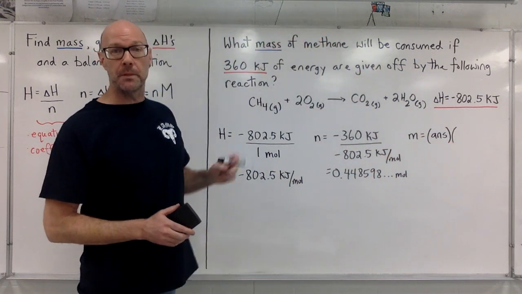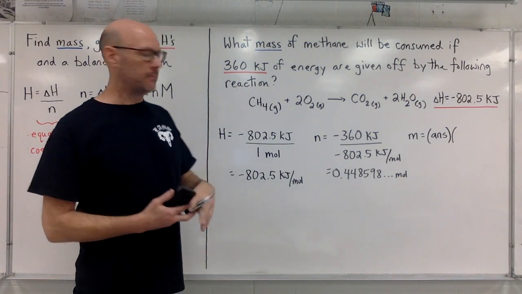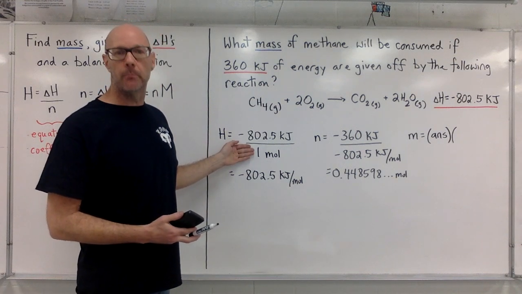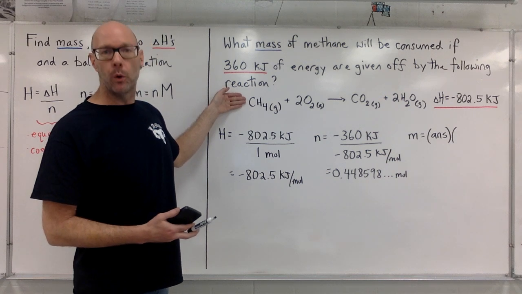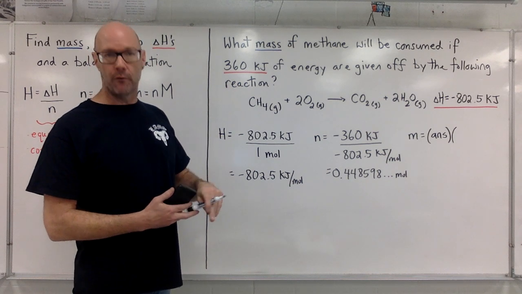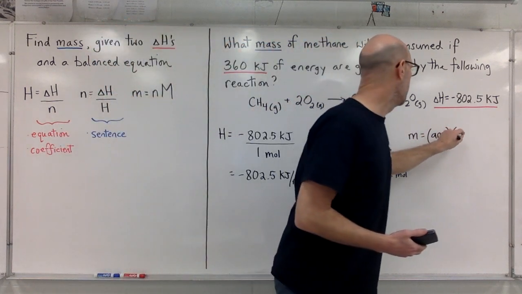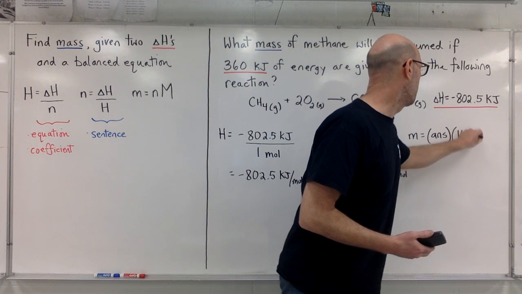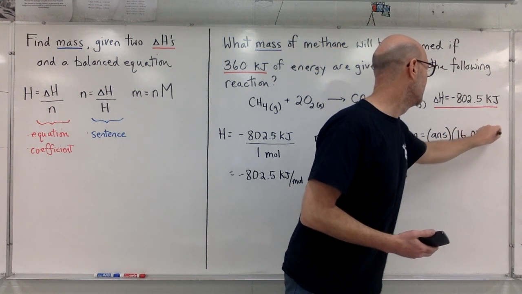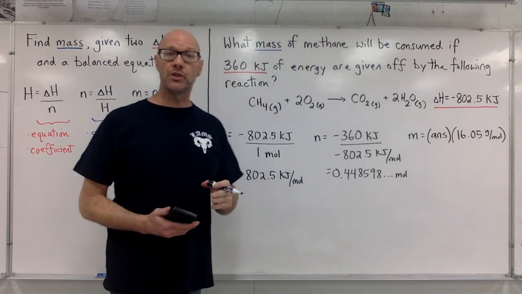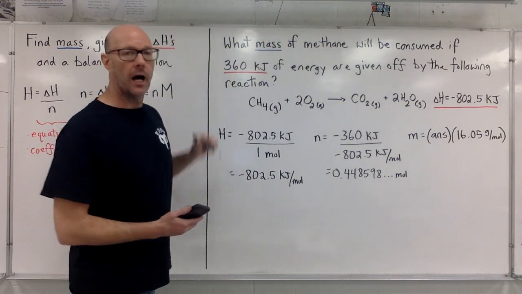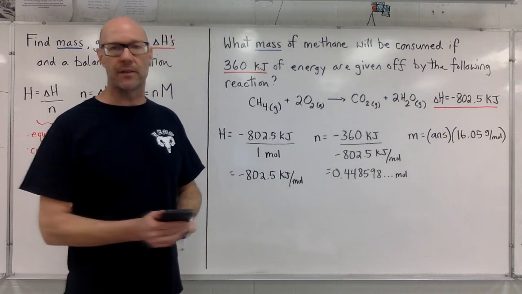This question asks me to focus on the methane. That's why I use the balancing number, the coefficient of the methane. Here it is. And now I need the molar mass, CH4. It's 16.05 grams per mole. 16.05 is the molar mass of CH4, of methane.